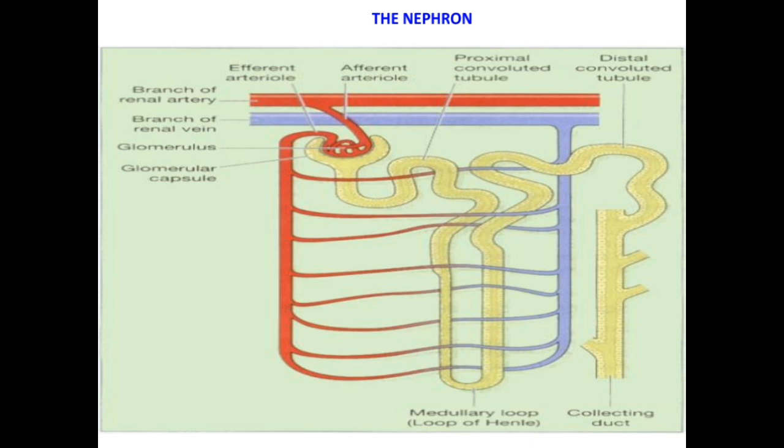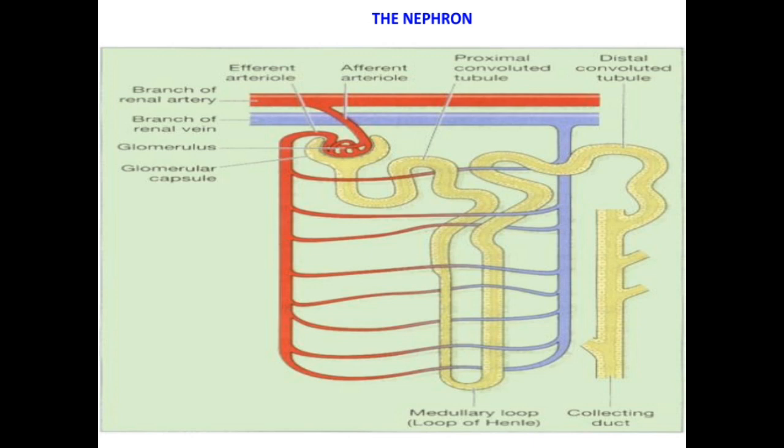Antidiuretic hormone will come and act upon the loop of Henle, which will slow down the pace at which urine is flowing. As it is being slowed, this will increase the pace of reabsorption.